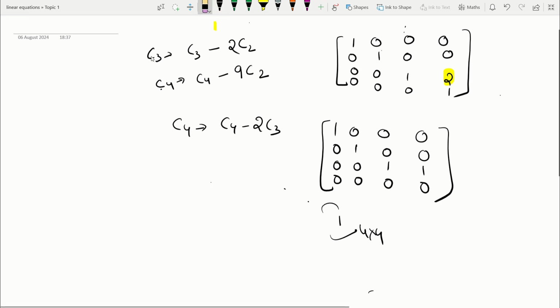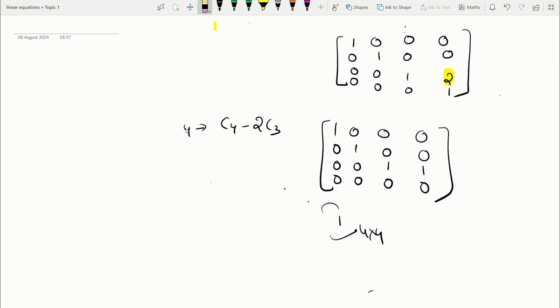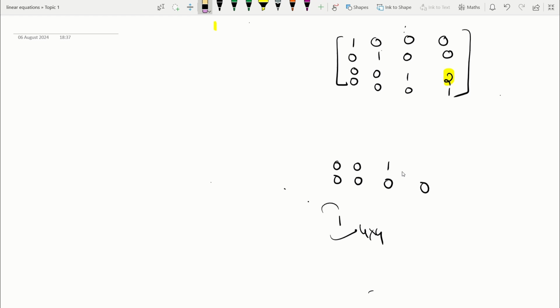All the diagonal elements are 1 only. To make this 1, we have to take help from C3. So change expecting in C4, C4 minus 2 into C3.